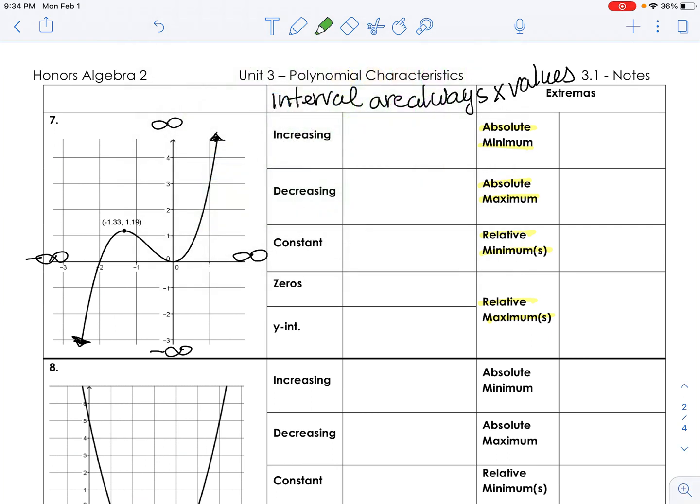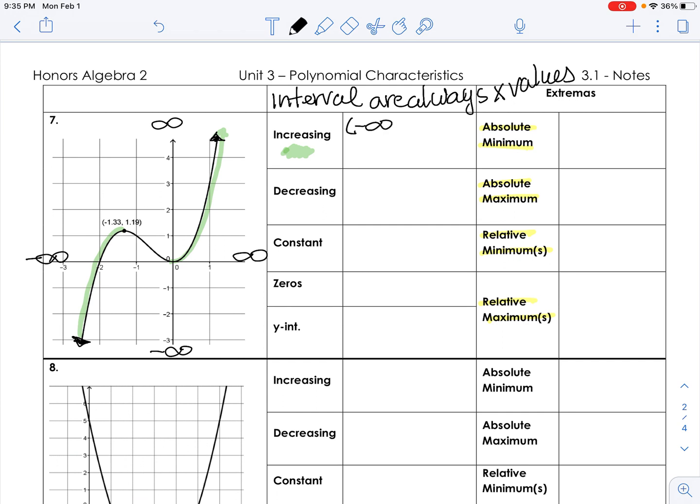I'll try to do some different colors. Let's start with where the function is increasing, okay? Where are the y values going up? So I'm going to color it green. Okay, so increasing and increasing. So I'm coloring increasing green. So I'll put a little green in that chart.